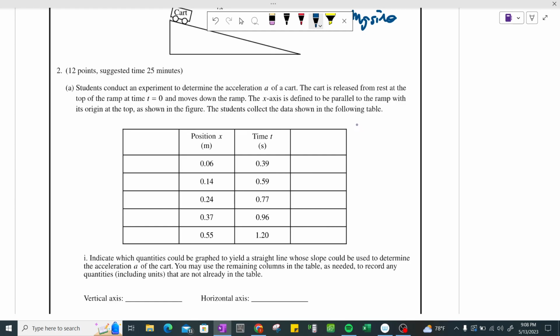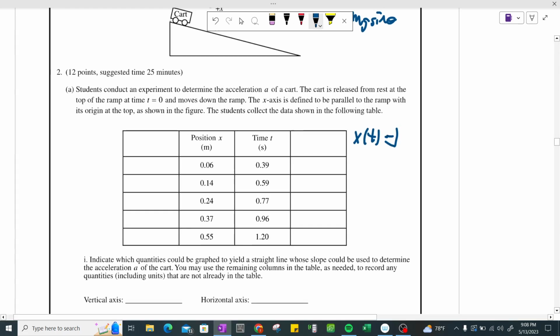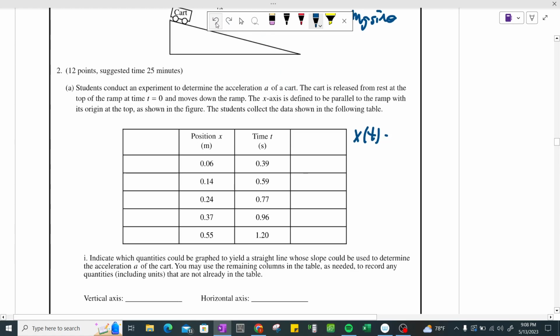So I need something that is going to really include acceleration and includes displacement. I think our best bet here is going to be our x of t equals 1/2 a t squared, plus our v naught t.